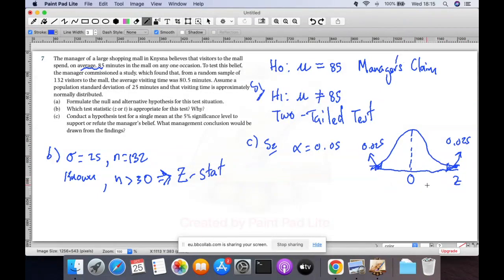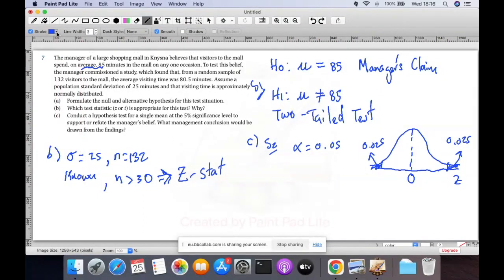Now the next part for step 2 is to determine what is the value on the Z-axis here. I'm going to put that in a different color, maybe green. Right, so basically try and find these values at the boundary, where that shaded area starts.